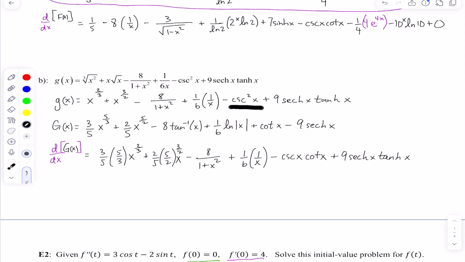Oops. So this is exactly why we need to check our answer with differentiation. I forgot to differentiate one of the terms. I need to differentiate, or I should say anti-differentiate. I need to anti-differentiate one of the terms.